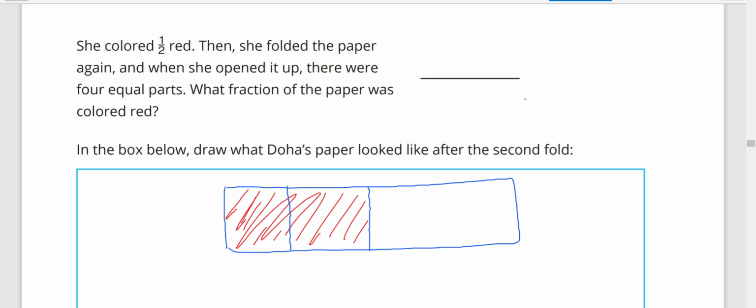Divide it into 4 equal parts. Then here we have half. This part is half. After she folded it again, she gets 4 equal parts.